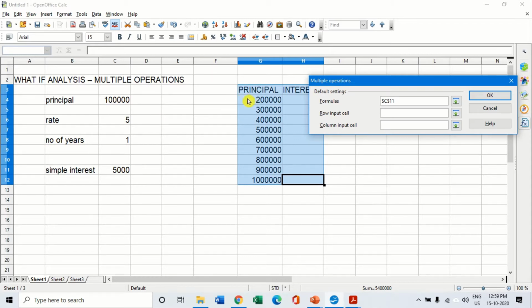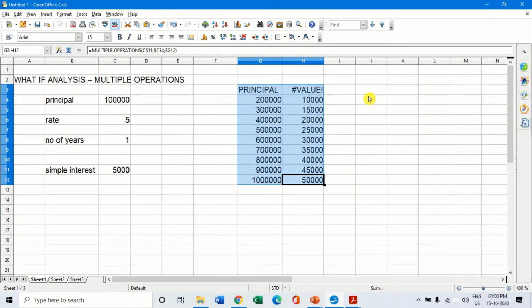I want to find out the varying interest on these different principals, what is going to be the interest. So I am going to click on the column input, that is the principal, and because it is written in column form like this, here it is going to be in this particular column and the input is this principal amount, and I'll say okay. So now it will tell you, one minute, here is the interest.